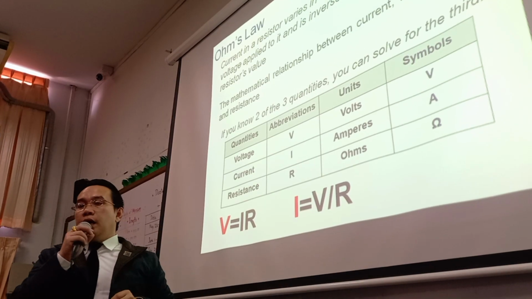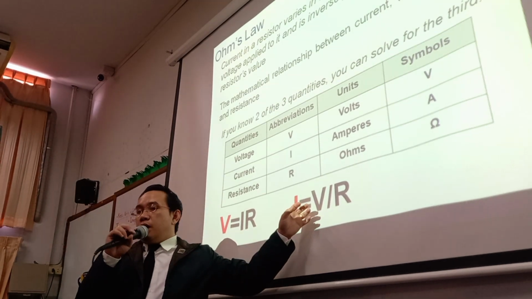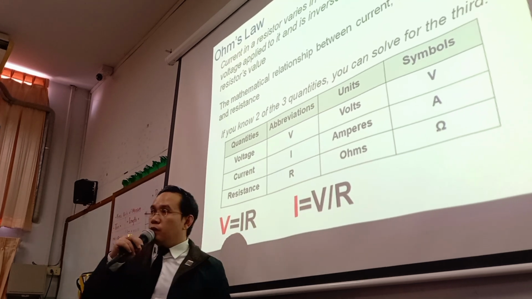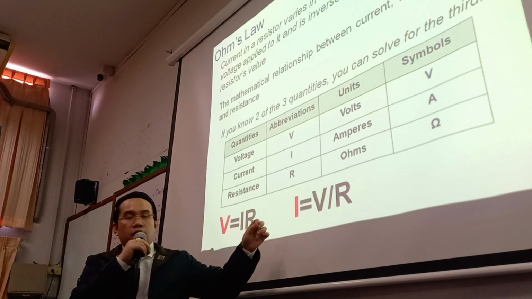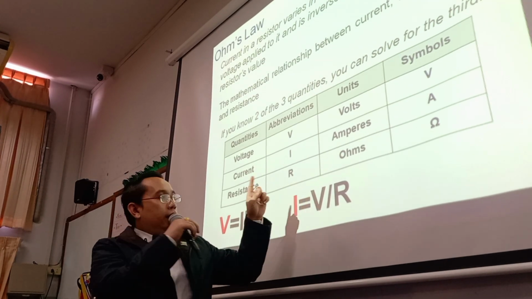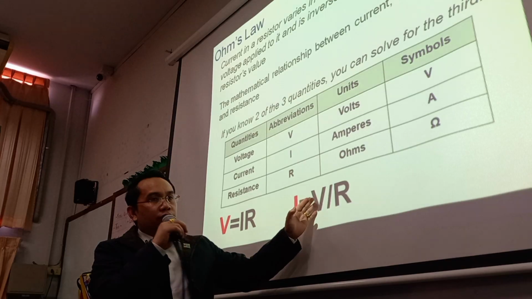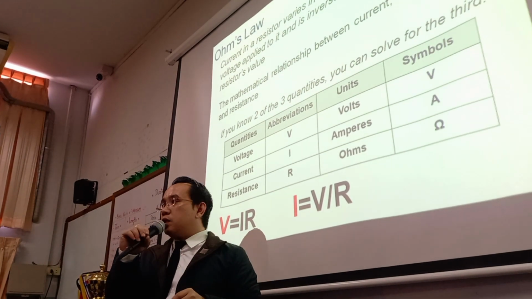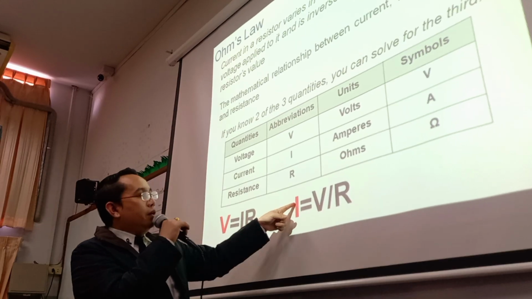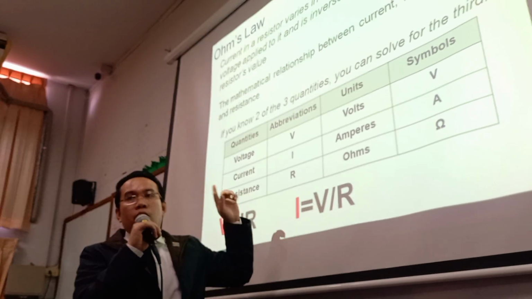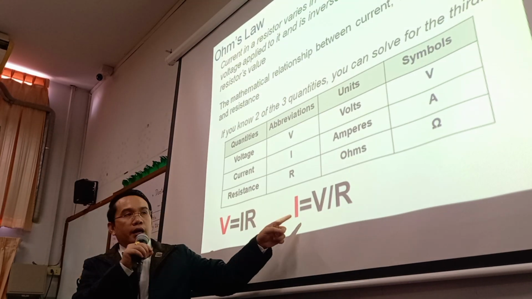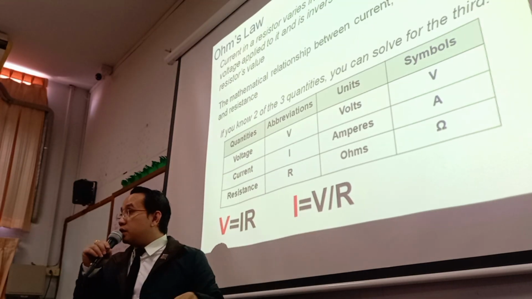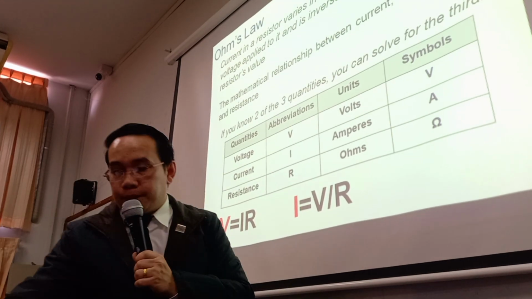Next one, how to formulate the equation for current. Current is directly proportional to the voltage and inversely proportional to its resistance. So to simplify, when we solve for current, current is equal to voltage divided by resistance.